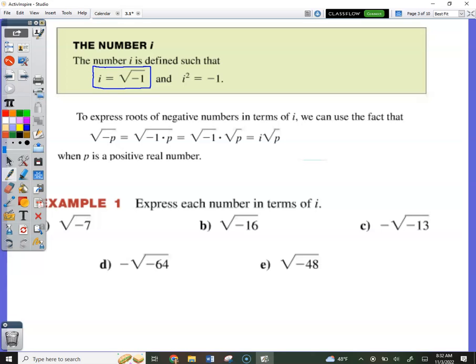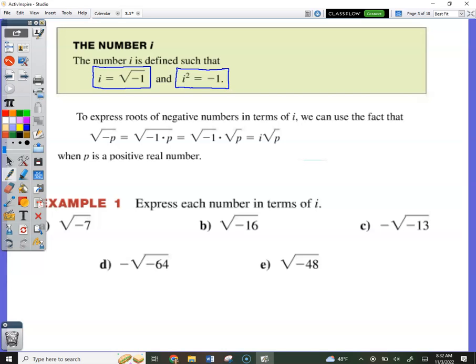So if I square both sides, on the left I would end up with an i squared, and on the right I would end up losing the radical because the square and the radical would cancel. So here's a new one that I probably would say is safe to say you've never seen before. i squared is equal to negative 1.